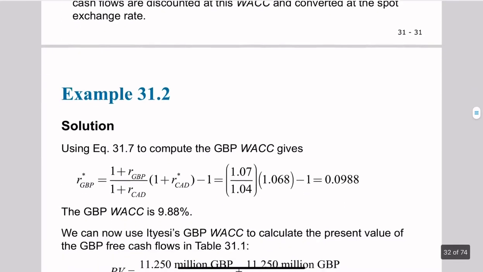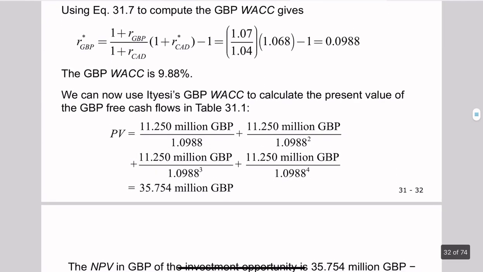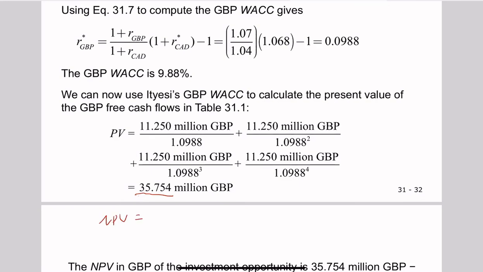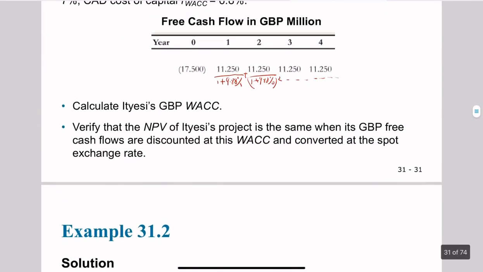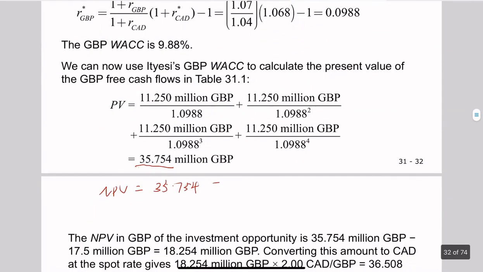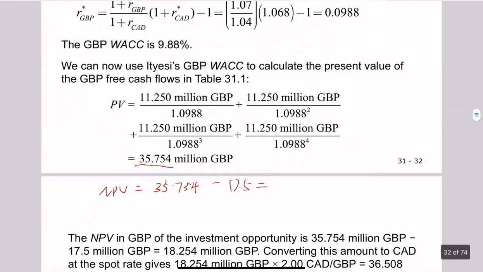Okay, so if we check the answer key, the present value of the discounted cash flow in British pounds would be 25.754 million GBP. So the NPV would be this discounted value minus the first period cash flow, 7.5, which would be 18.254 million British pounds.